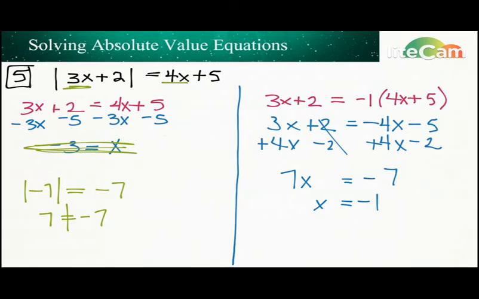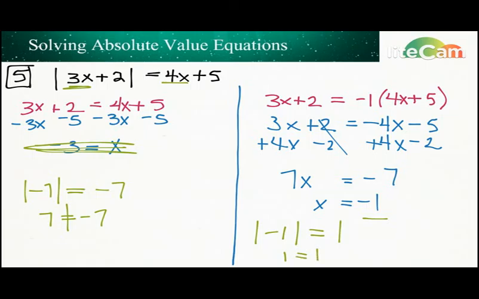So again, I'm going to take my -1, I'm going to put it right here. Okay, so that's going to make a -3, which -3 plus 2 is -1. Okay, now -1 here is going to make a -4, and -4 plus 5 is a positive 1. Okay, so the absolute value of -1 is 1 equals 1.